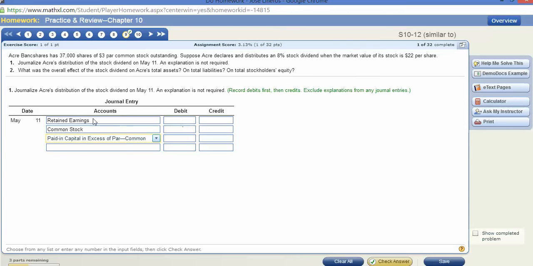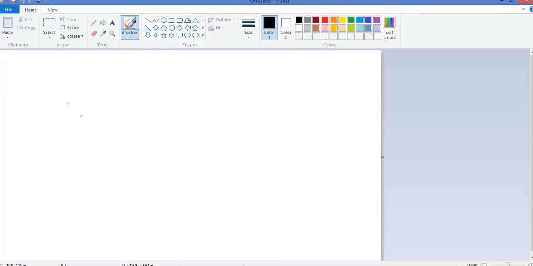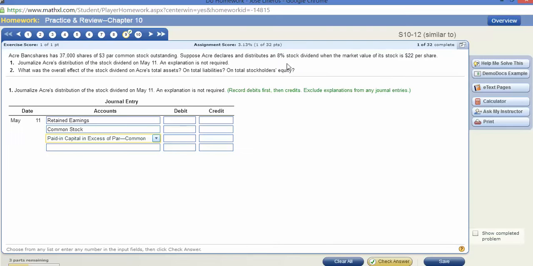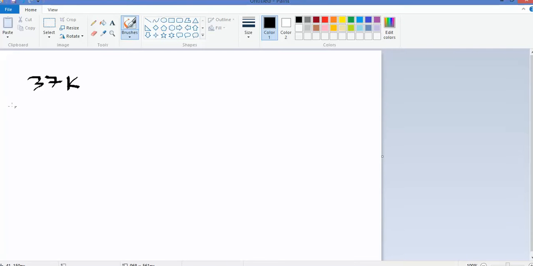Let's do the big number first. The big number is how much retained earnings is going to drop as a result of this stock dividend. Well, we're going to have 37,000 shares. Let's just do some math. This is how much is outstanding, and the stock dividend is 8%. So we multiply this by 8%.